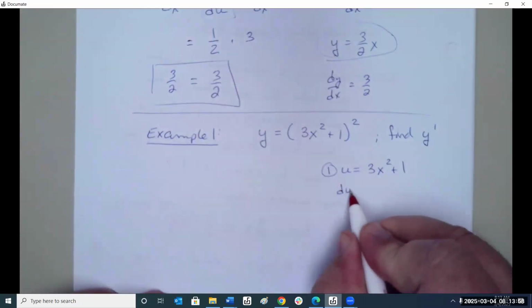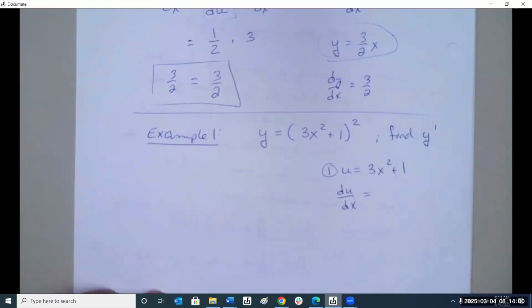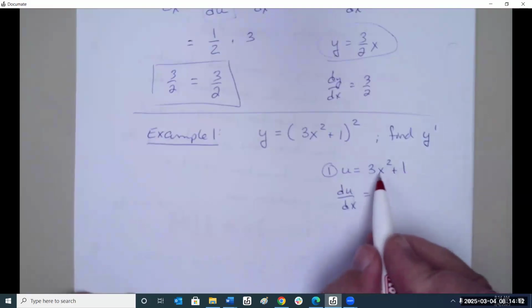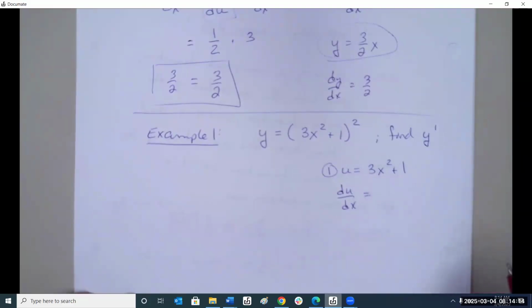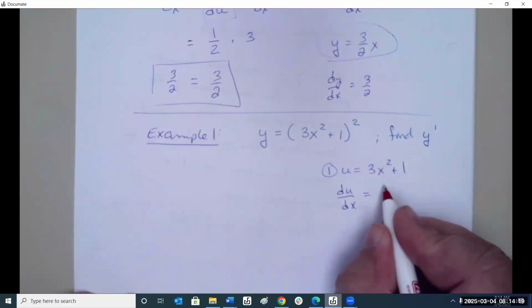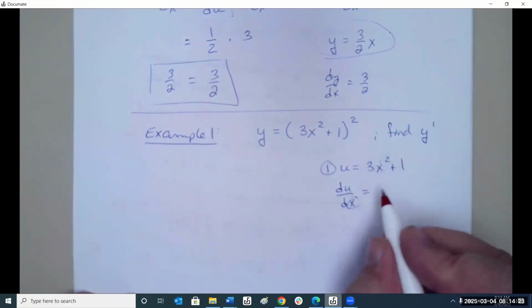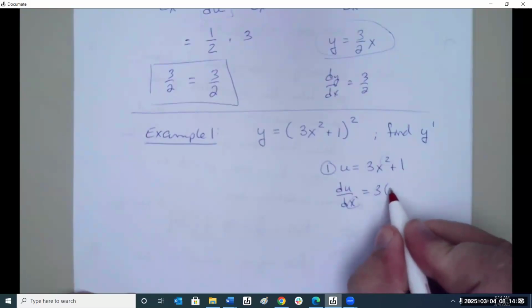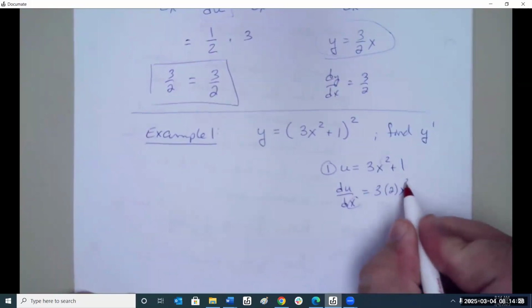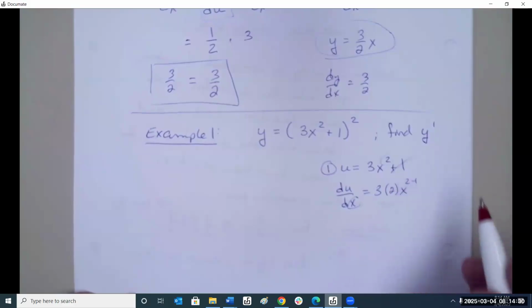So what would du dx be if we had that? What's the derivative of 3x squared plus 1? Not 3 squared, the derivative of x. That's what we're looking for. Bring the 2 down. So it's 3 times 2, x to the 2 minus 1. The 1 disappears.